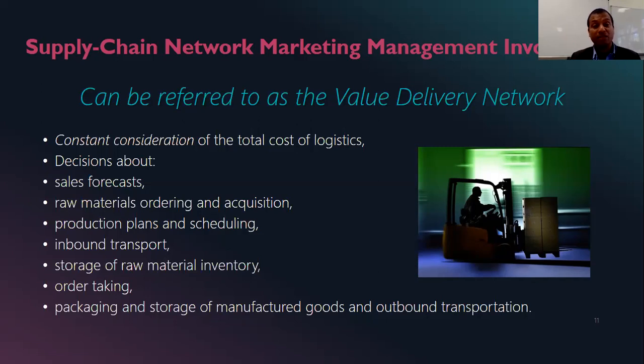Then raw material procurement is a part of supply chain: raw material ordering and acquisition, selecting the right supplier through tendering and bidding to get competitive prices, production plan and scheduling, inbound transportation, storage of the raw material inventory, and also the storage of the final product. Together with the order taking from the customers, the retailers, retail shops, packaging, and finally storage of the manufactured goods and outbound transportation, that is shipping the products from the warehouse to the retail shop or to the place where a customer wanted to have it. So these are the chain of activities involved in supply chain management.